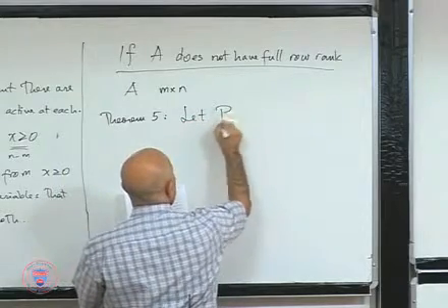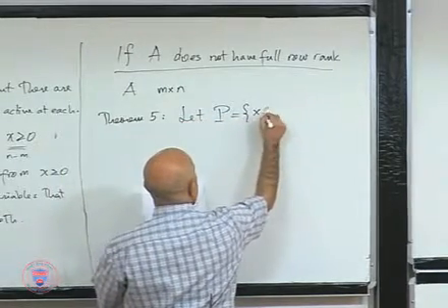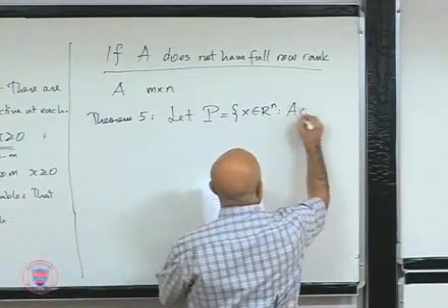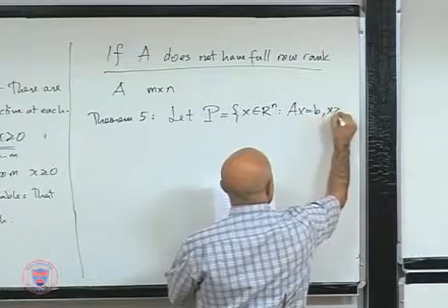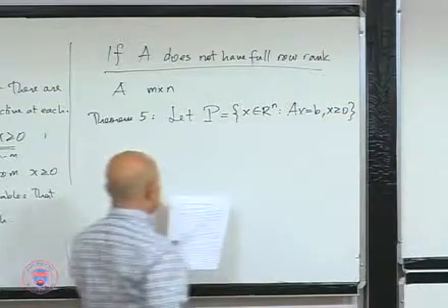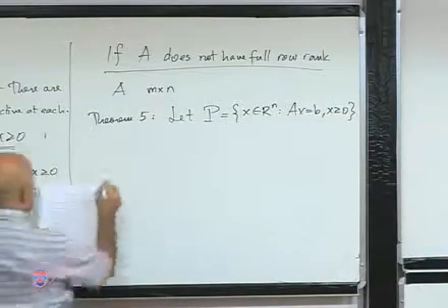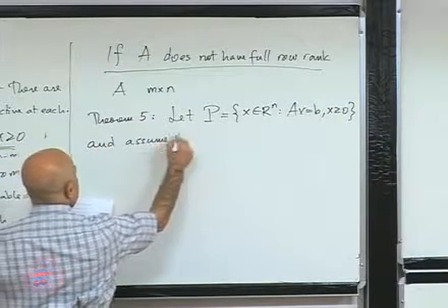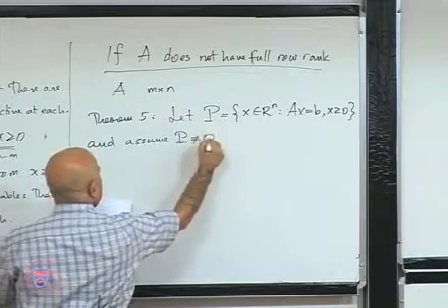So let P be the polyhedral set defined by Ax = b and x greater than or equal to 0. That's the standard form polyhedron. And let's just assume P is not empty.